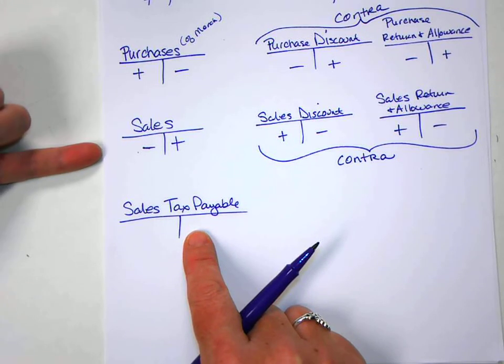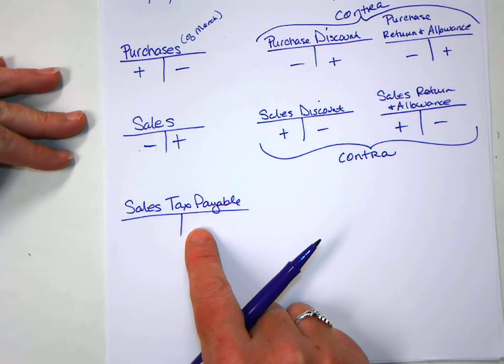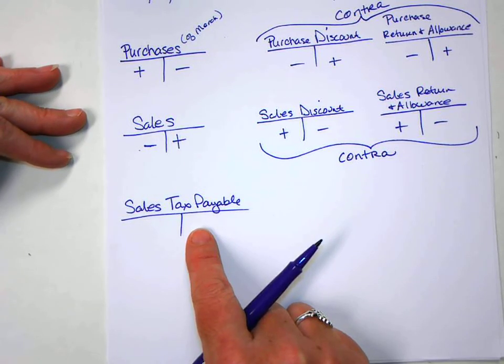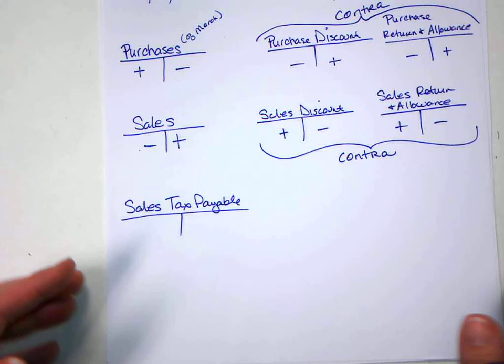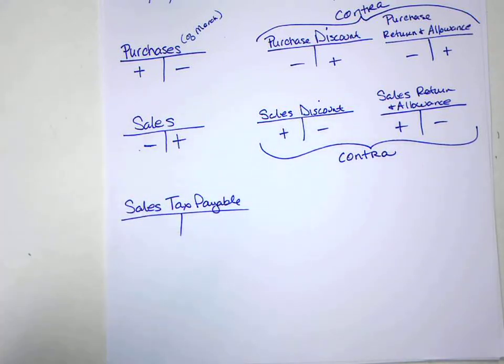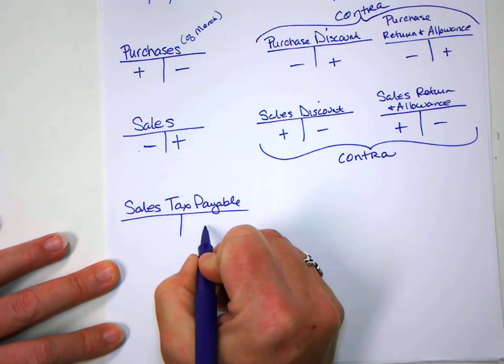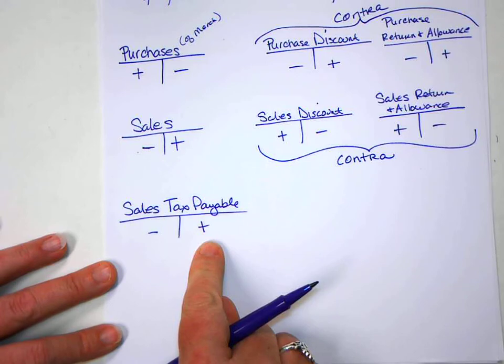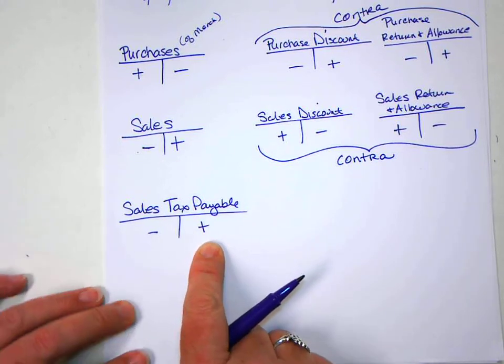We have to calculate what that is. We have to add that on to the dollar amount that we charge our customers, and then we hold on to that, and then we turn around at a certain time and pay that to the state or the city. Okay, and again, just being a payable, it's going to be a normal balance of a credit.